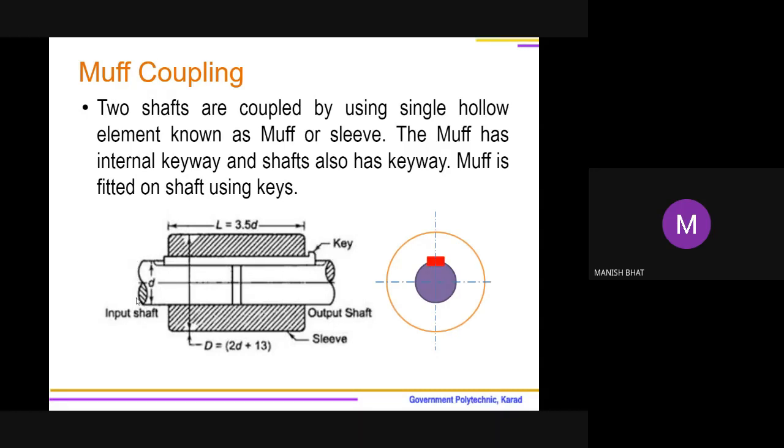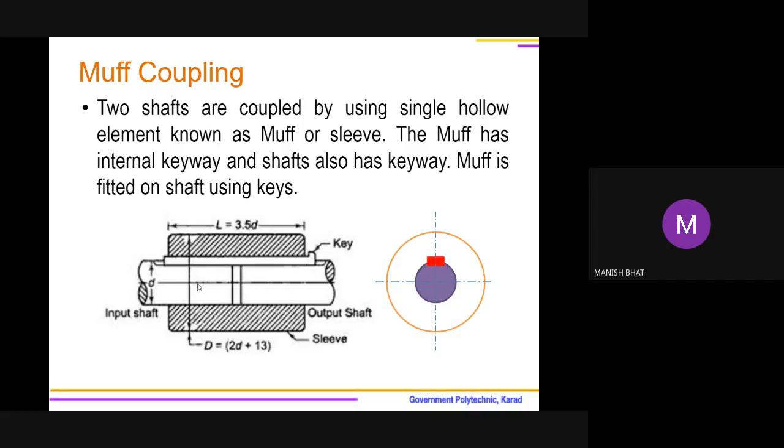So whenever input shaft is rotating, as muff is keyed to the shaft via key, power is transmitted to muff, and that muff is going to rotate the output shaft also. So drive is sent from input shaft to the key, to the muff, again via key to this output shaft.